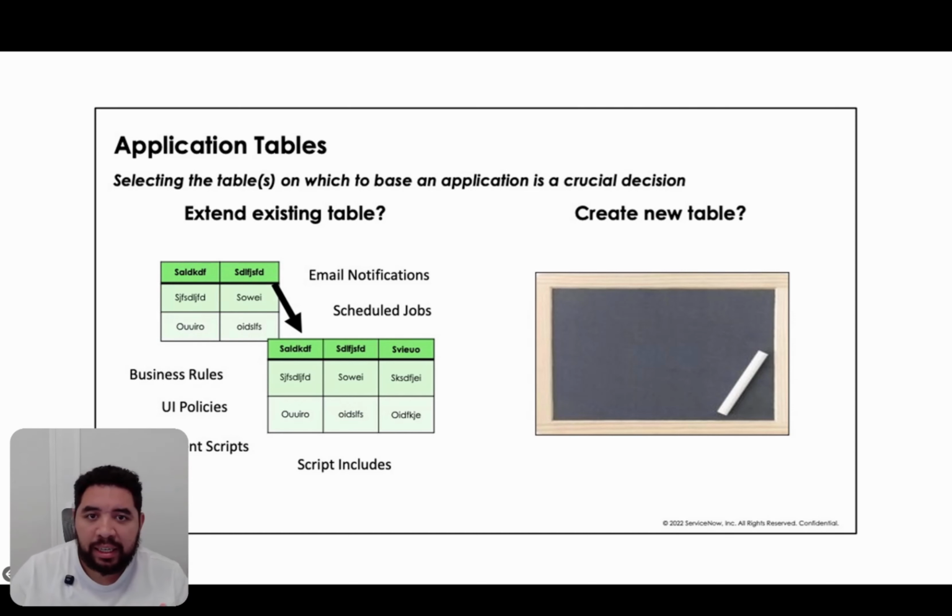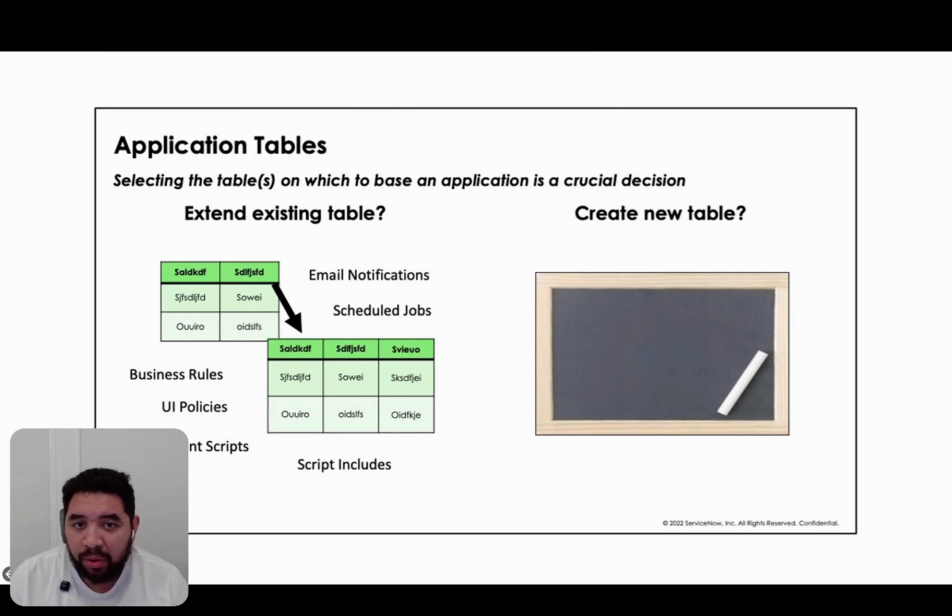You automatically reuse its fields, business rules, UI policies, scripts, notifications, and scheduled jobs. This is useful when your application follows the same core behavior and data model of an existing table, and you just need to add a few specific fields or logic.